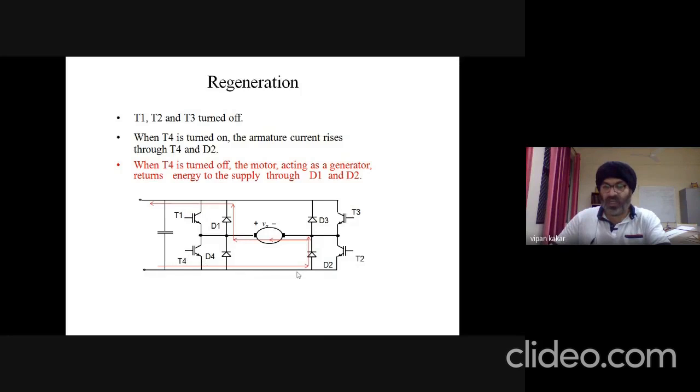So D2 was already conducting, and now with D2, D1 also starts to conduct. So now the current will try to flow back into the battery, acting like a generator, supplying the energy back, which was ramped up during the previous cycle.